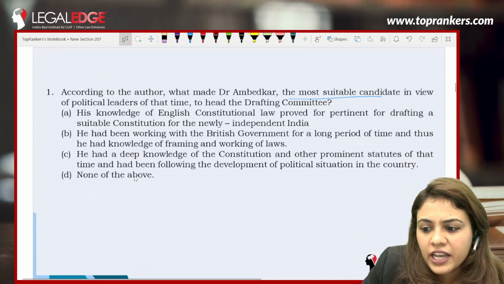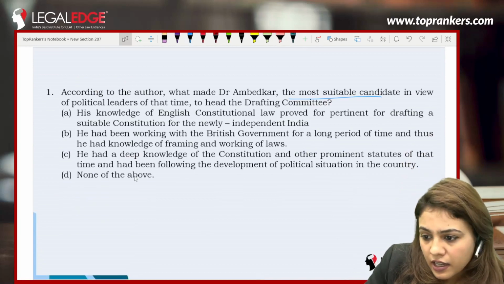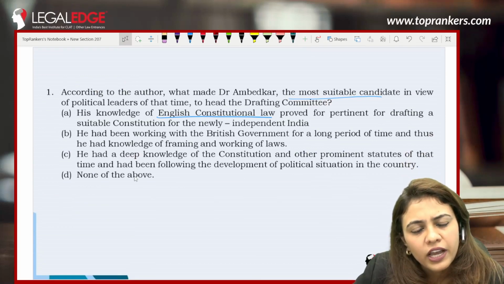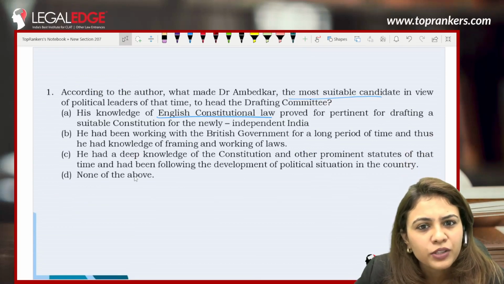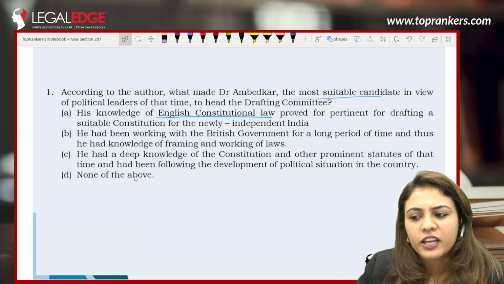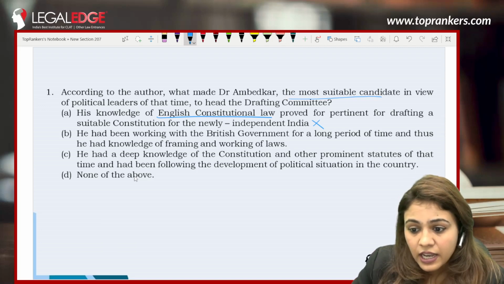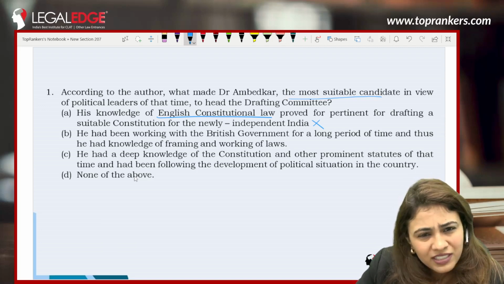कहीं भी ऐसा मेंशन नहीं है कि he had a great deal of knowledge regarding the English constitutional law. इंडियन कॉन्स्टिट्यूशन की बात हो रही है, इंग्लिश कॉन्स्टिट्यूशनल लॉ की कहीं बात नहीं होती है. So obviously the first option is eliminated. He had been working with the British government, did he?